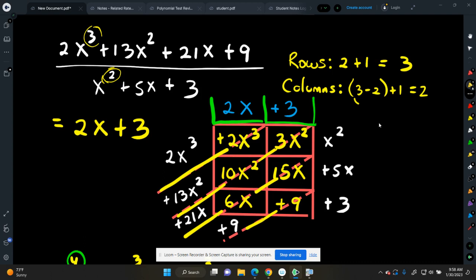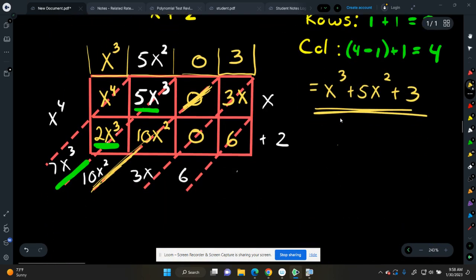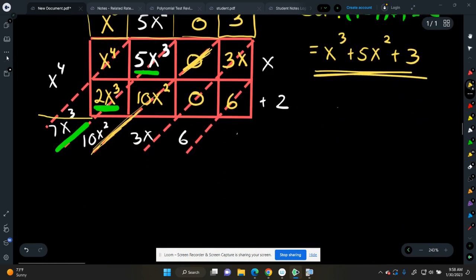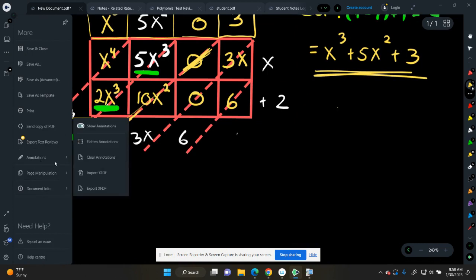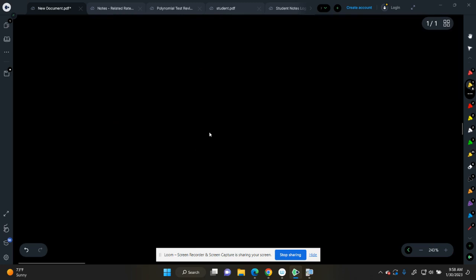All right, we're going to start something new. So you want a new page. This is not on your quiz tomorrow. The quiz tomorrow is only tabular division. We're going to start something that's called synthetic division.